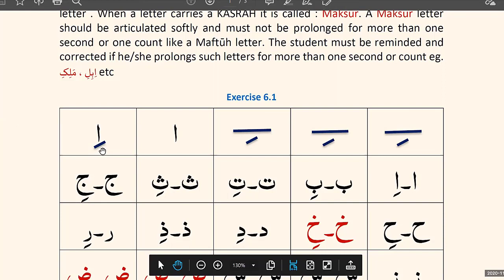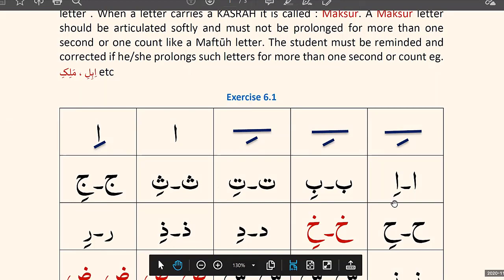So in this case, its right pronunciation with the stroke will be manifested, and we will pronounce it like E, not more than 1 second, not E, that will be wrong. So in the second row, that is alif without any stroke, no fatha, no kasra this time. And after there is a hyphen, a dash, and below alif, there is a stroke. So it will be E.